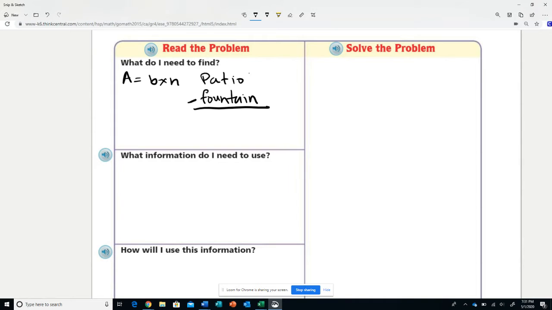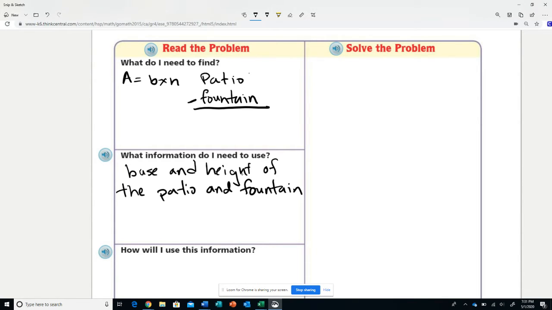So what information do you need to use? You would need to use the base and height of the patio and fountain.